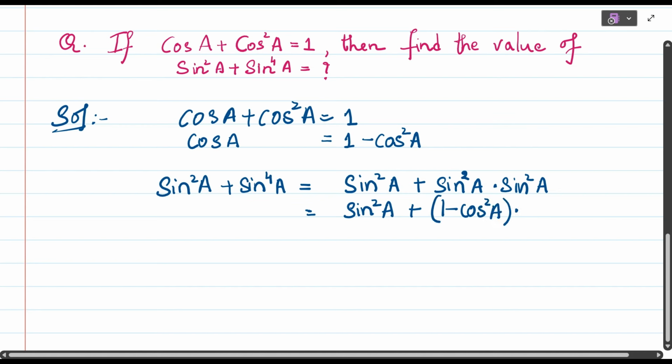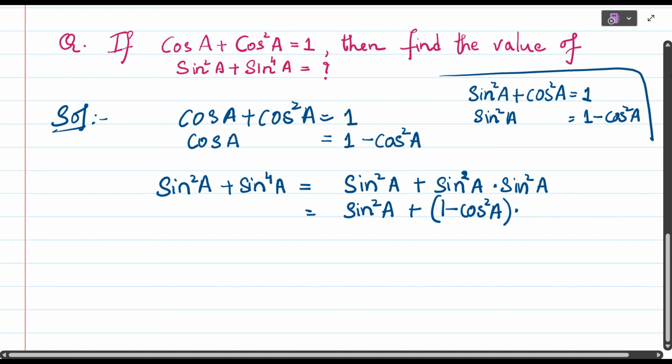We know the trigonometric identity, sine square A plus cos square A is equal to 1. Now I am going to transpose cos square A towards the RHS side. It will become 1 minus cos square A. So this one we got from our trigonometric identities. Is it clear students? Now another sine square A also I am going to write as 1 minus cos square A. Understood?